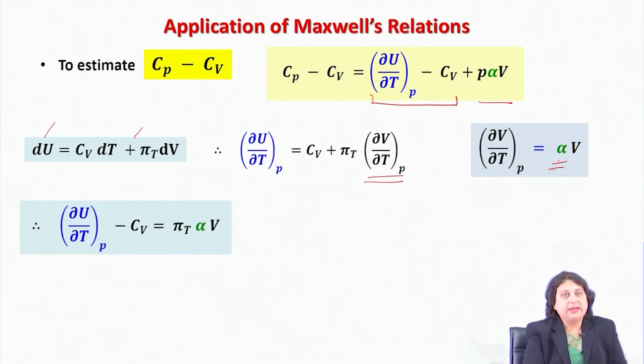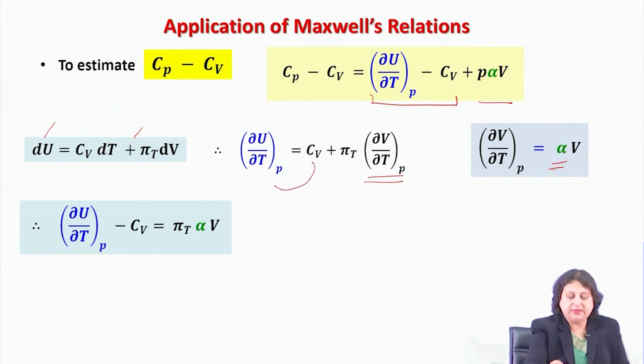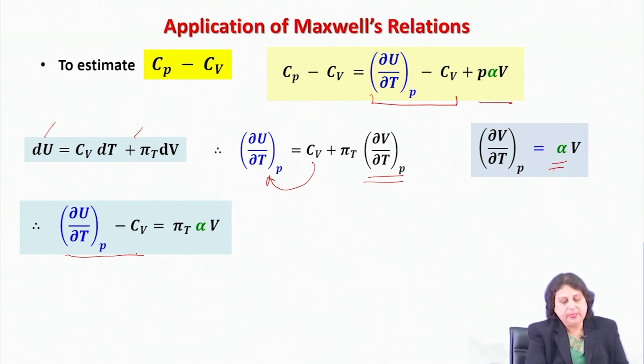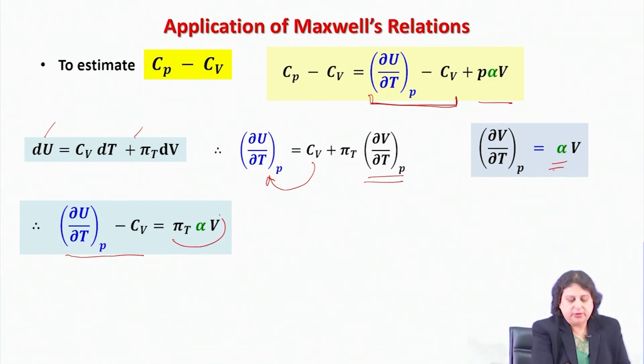And therefore, I can say that (∂U/∂T)_P minus Cv, where I have taken this Cv to the other side of the equation, turns out to be pi_T into alpha into V. In order to find out Cp minus Cv, I needed to find out (∂U/∂T)_P minus Cv, right? And that is equal to pi_T into alpha V.